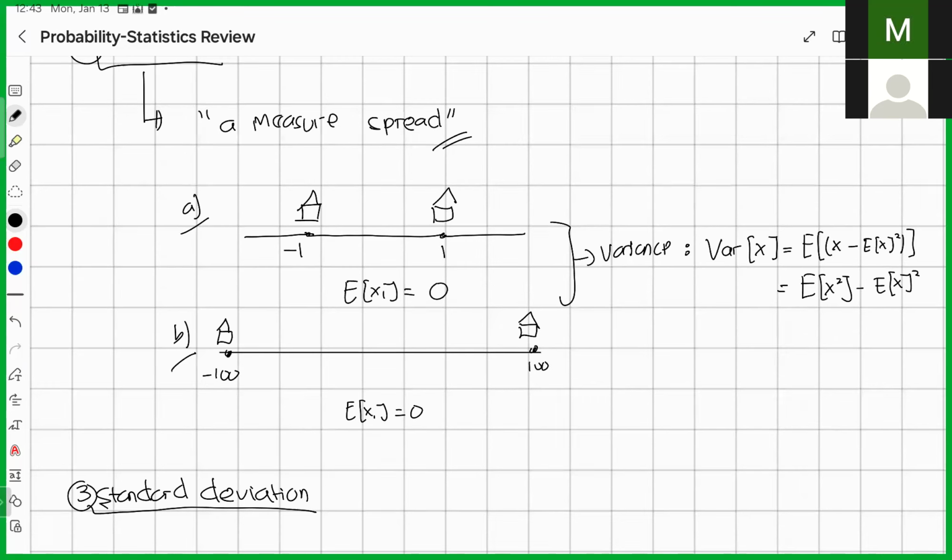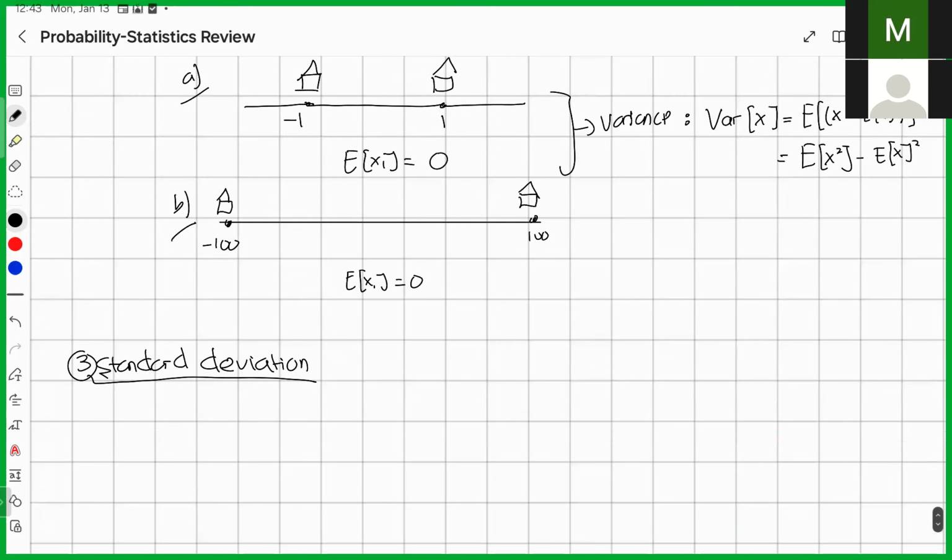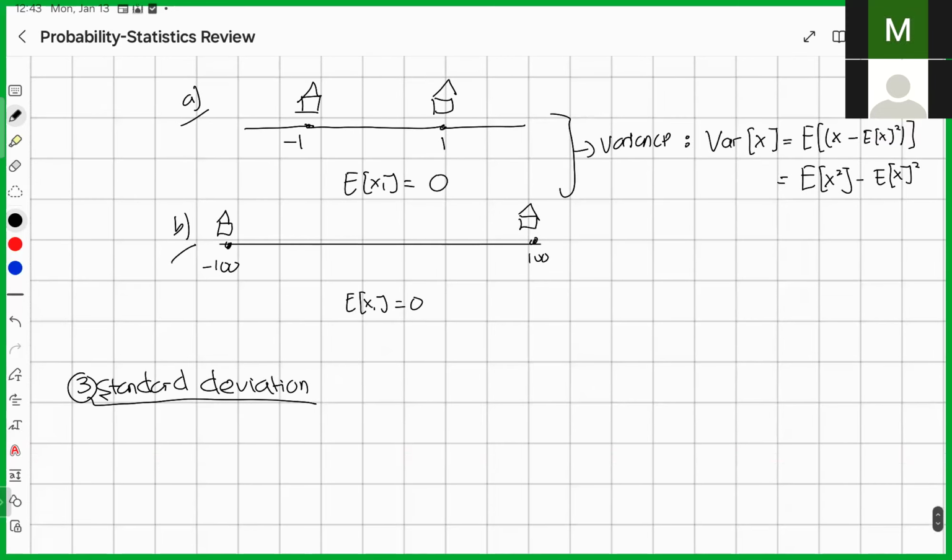So to measure the distribution when it has units, we're going to use the standard deviation.